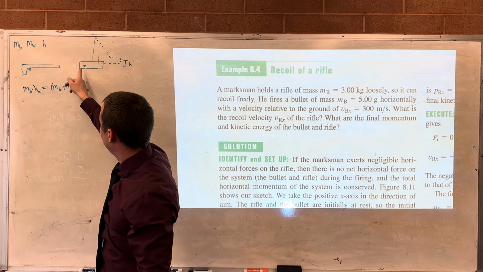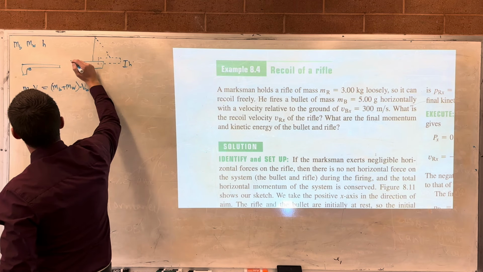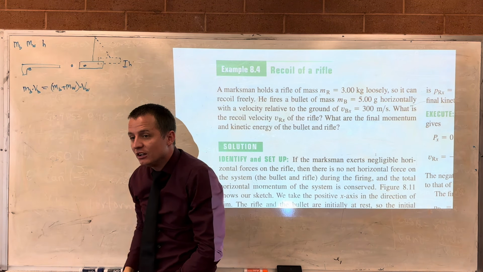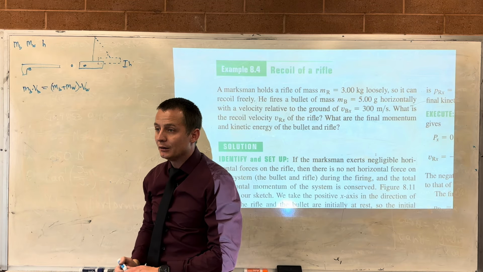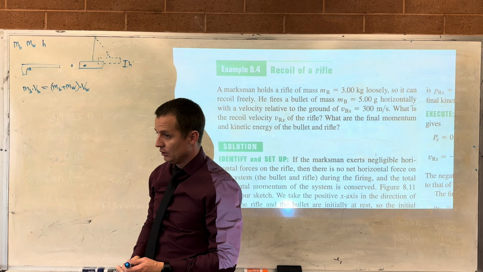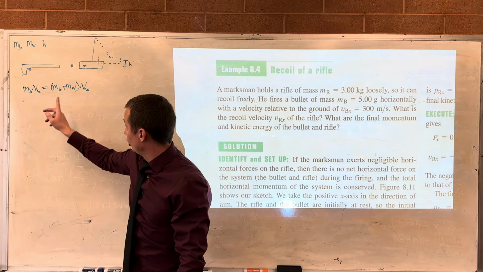It's just saying that the momentum at the beginning, when the bullet was out here, is equal to the momentum when the bullet's ingrained into the block. The momentum didn't change. Conservation of momentum. You with me so far? So those two have to be equal.